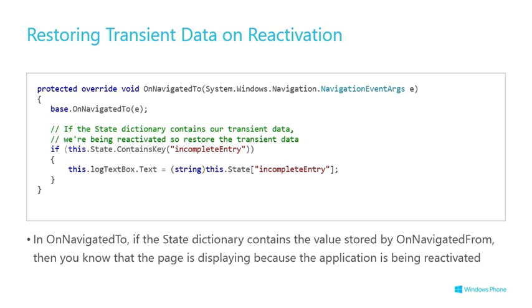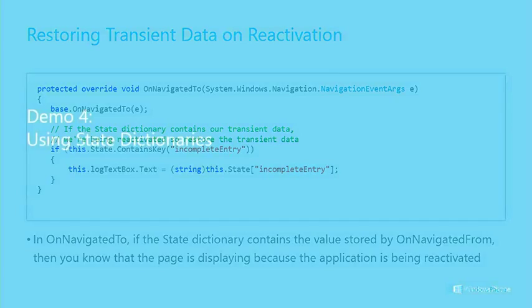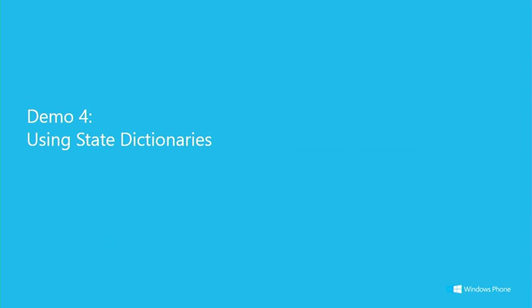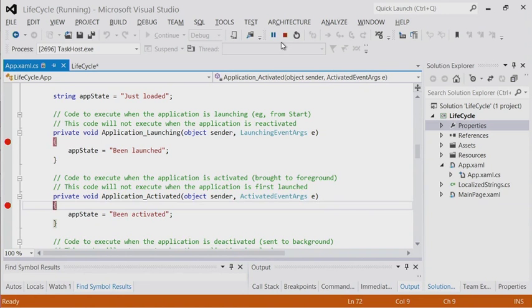Clearly. So you can fill in the control with the half-completed stuff, and your user will love you because all that data that they'd entered is still there. So this is the pattern that you'll need to do. And I've got an example of this. Of course you do. Of course I do.